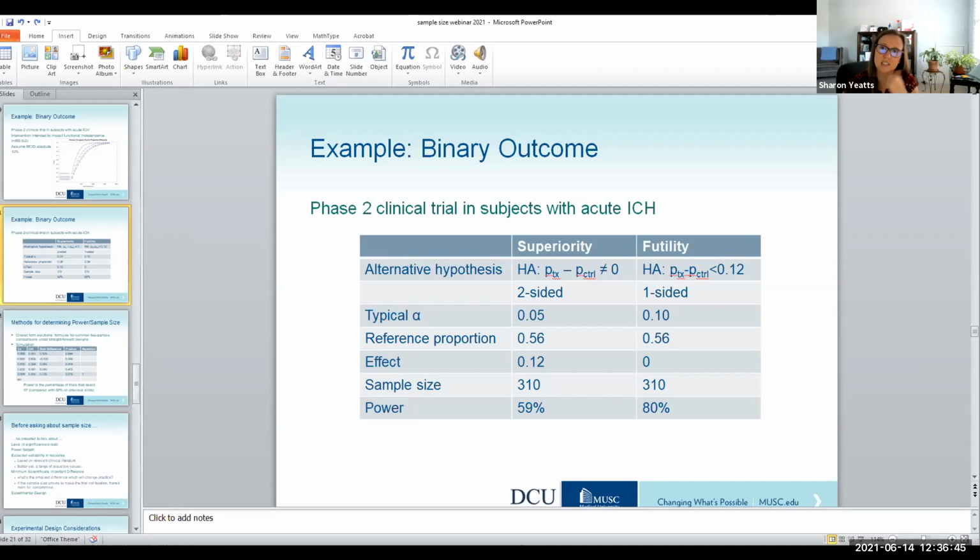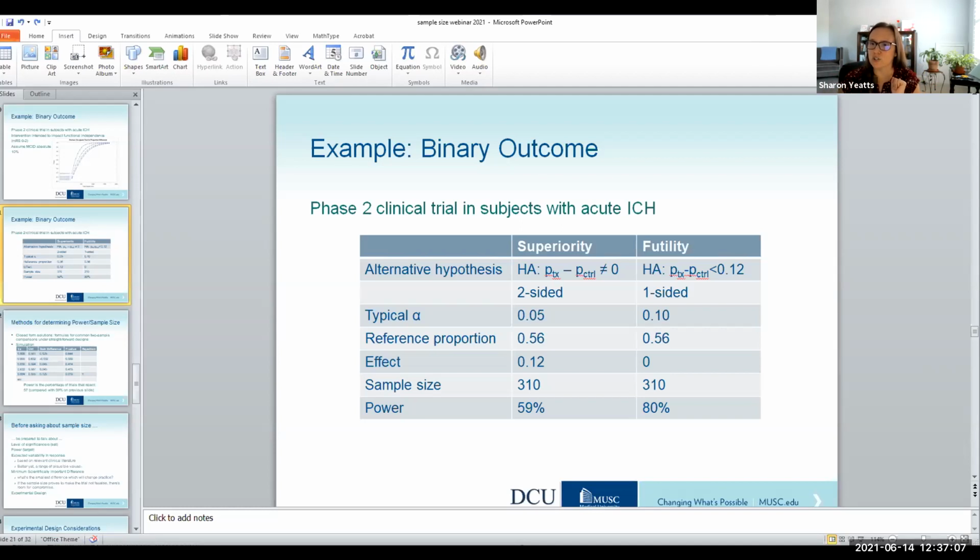And so the futility design would flip this hypothesis around. Instead of saying that you're designing a trial to detect a signal of efficacy, you would say you're designing a trial to eliminate the intervention if it doesn't have that signal.